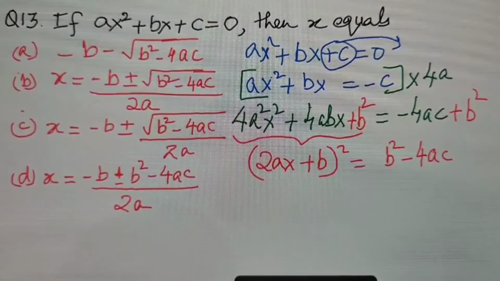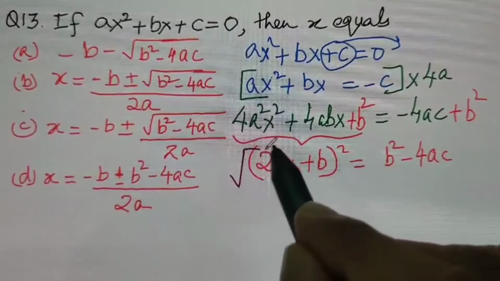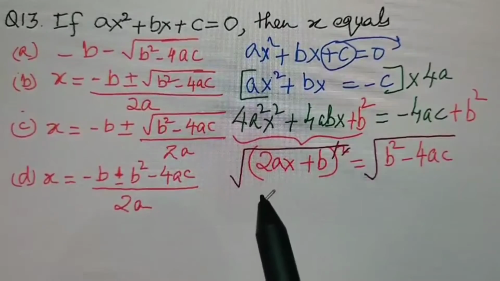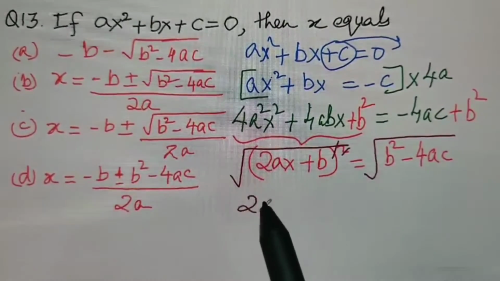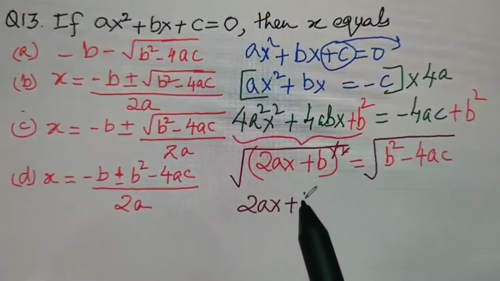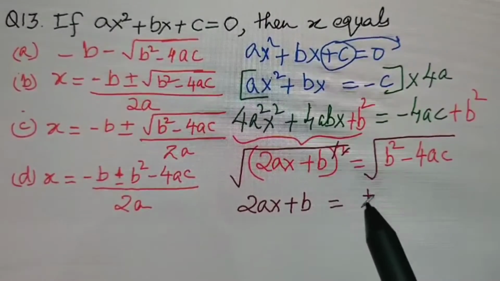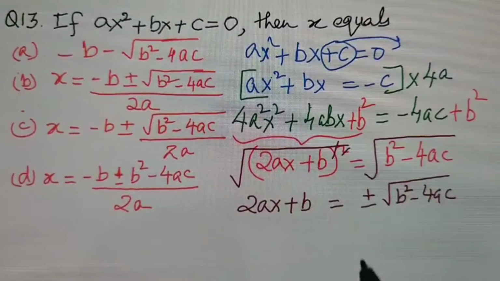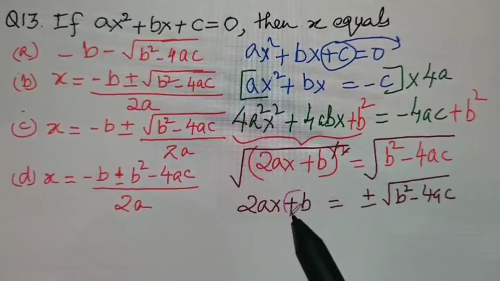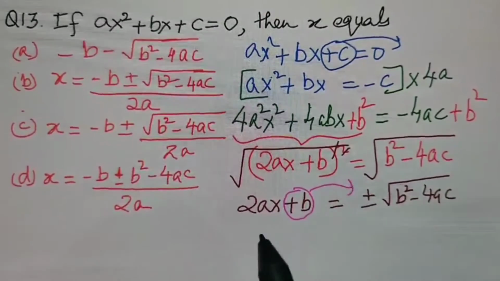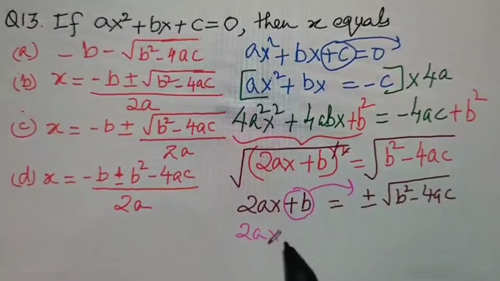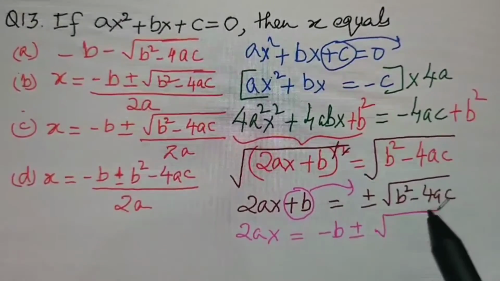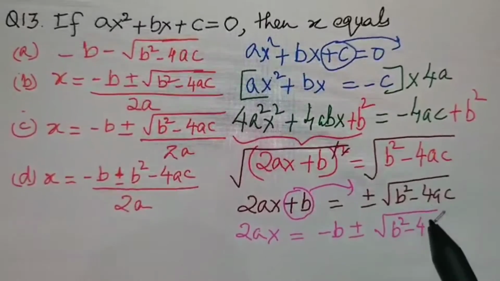So next what we can do is we can take the square root on both the sides. Now this square and this root get cancelled. So what do I get? I get 2ax plus b, which is equal to plus minus under root b square minus 4ac. Again going to transpose this plus b towards the right hand side. What do I get? 2ax, which is equal to minus b plus minus under root b square minus 4ac.